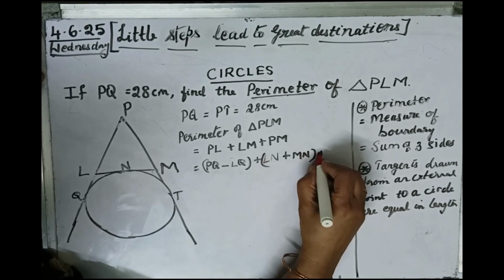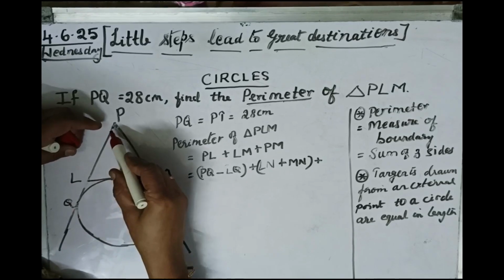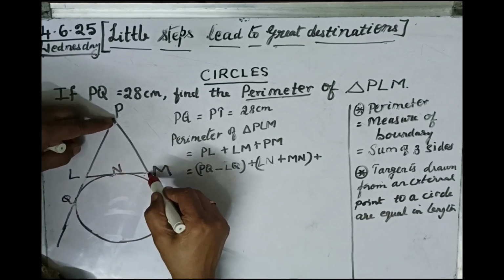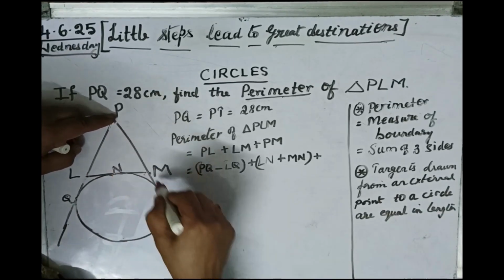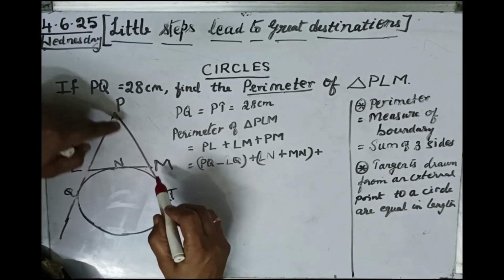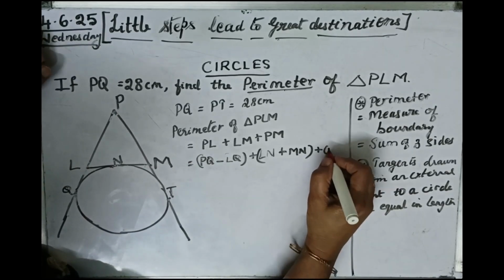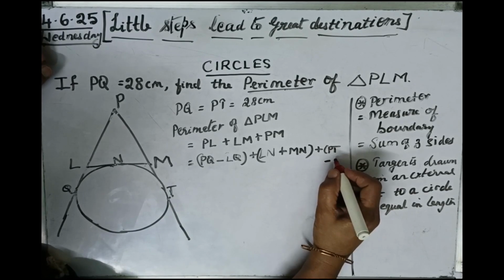Then PM. PM, we can represent the same way we represented PL. It is a part of this total line segment PT. So it is PT minus MT. From this total, if you remove this, you will get this. So it is PT minus MT.